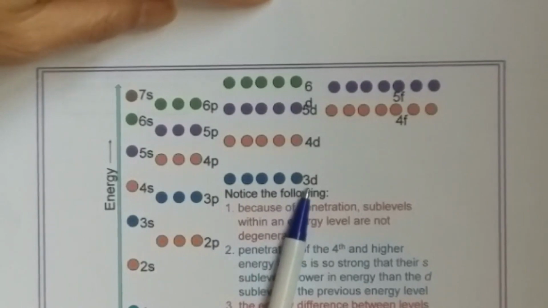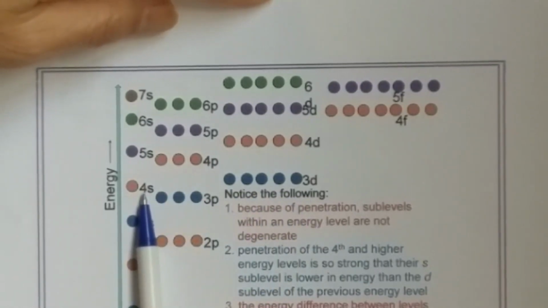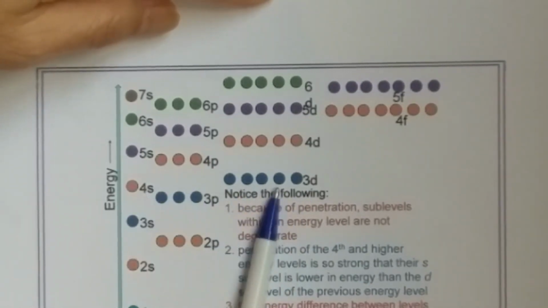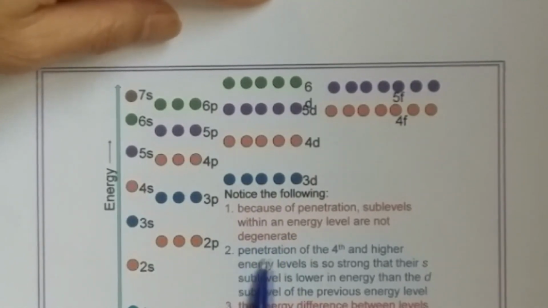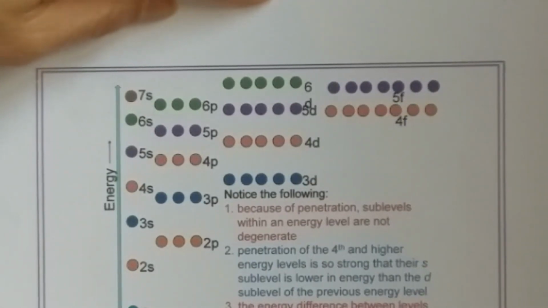After that is 3d. You see, 4s energy is lower than 3d. We'll talk about that in the future in class. That's because of the penetration of the fourth and higher energy levels, which is very strong. Each orbital can accommodate a maximum of 2 electrons, and we have 56 electrons. Then we just go with that order.